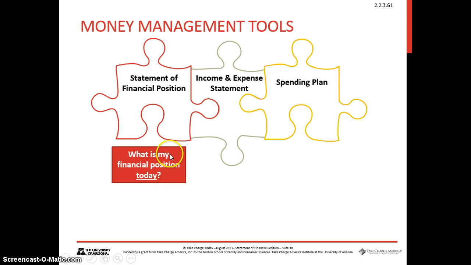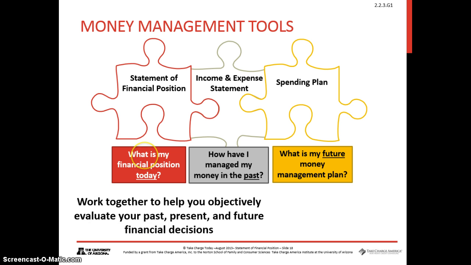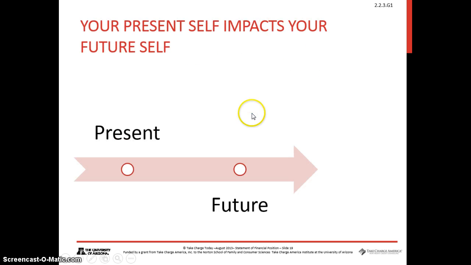That is what the statement of financial position does. The income and expense statement is how have I managed my money in the past, and then the spending plan is how am I going to manage my money in the future. They work together to help you objectively evaluate your past, present, and the future. You can't just do one step without doing all 3 steps. So we're learning the statement of financial position today, and then these are the next 2 units.